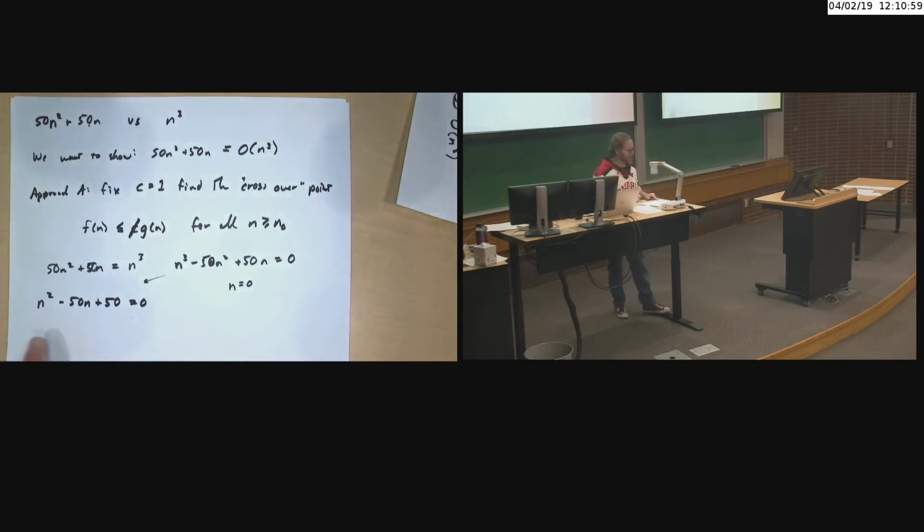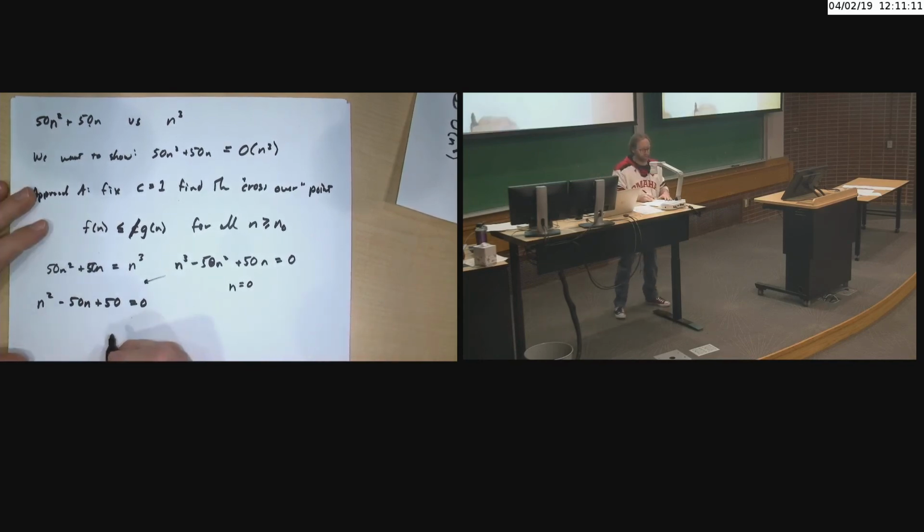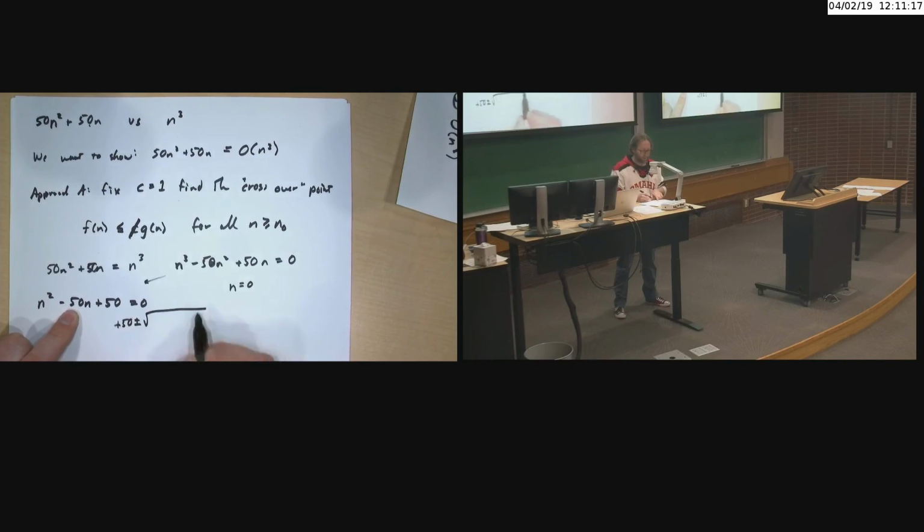Now what is that? That's a quadratic equation, a quadratic polynomial. And now what can I apply? The regular old quadratic formula. Remind me what it is again? Negative b, so that would be plus 50, plus minus square root of b squared. 50 squared is what? 2,500, right?